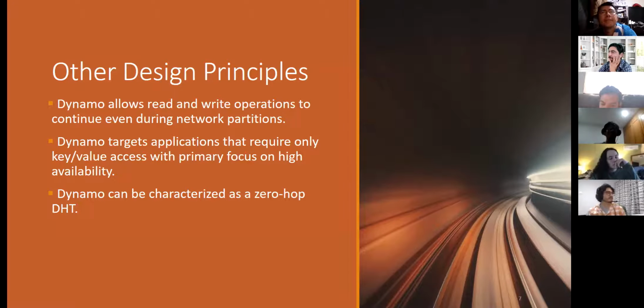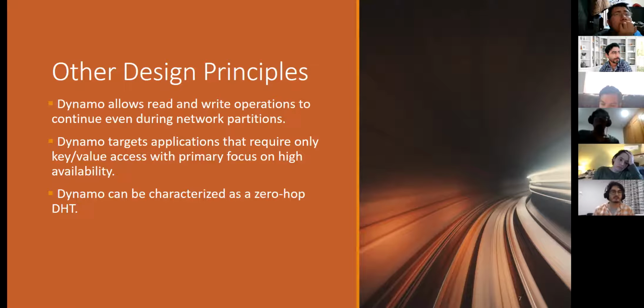Okay, so for the other design principles, the first one means that even if the network is suffering from any partition, the show must go on, so the user should be able to keep performing the get and the same put operation that we mentioned already. And that's something that differentiates Amazon from the competition, because Amazon standard is almost always at the 100th percentile of good performance for their customers.